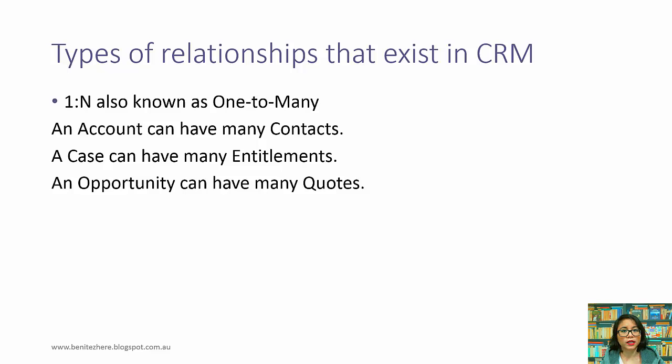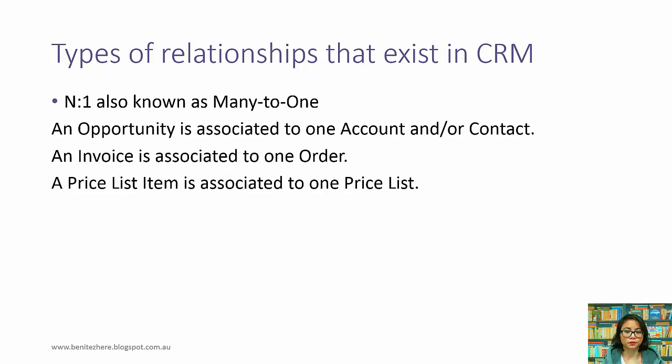As I mentioned earlier, there are 3 types of relationships that exist in CRM when you are doing customizations. The first one is one-to-many. An account can have many contacts, a case can have many entitlements, an opportunity can have many quotes. The second type of relationship is many-to-one.